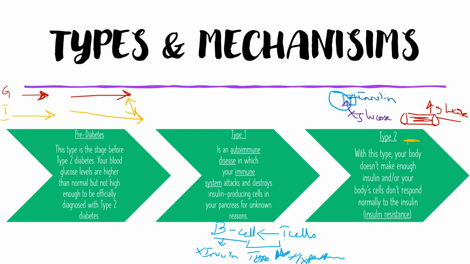Whereas in type 2, the body doesn't make enough insulin, or the body's cells do not respond normally to the insulin, which is known as insulin resistance. In this, the cell of the body has certain membrane transporters of glucose.